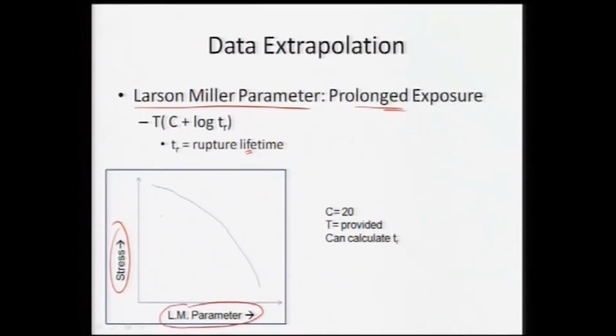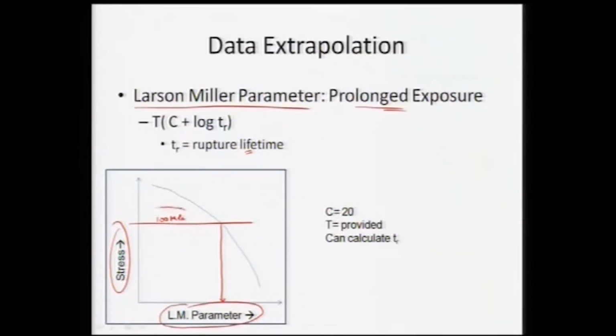So, for a particular stress value, say 100 MPa, we can get the corresponding Larsen-Miller parameter. So, for a particular stress level, we can keep calculating the Larsen-Miller parameter for a particular temperature.